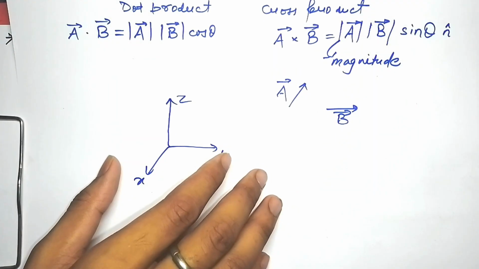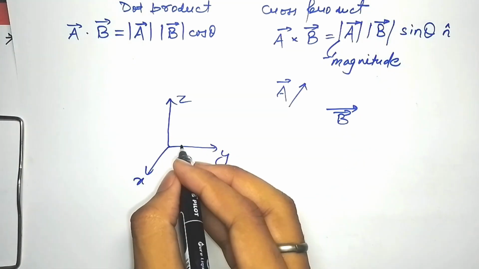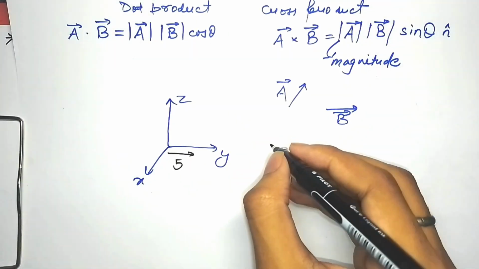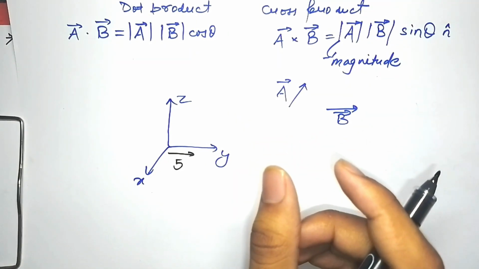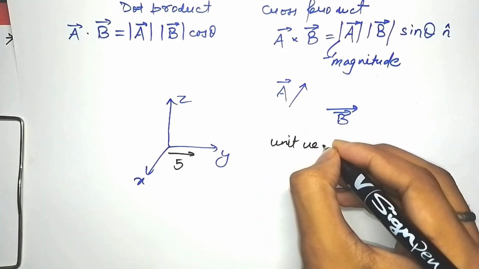Now, to represent any vector, suppose I have to represent 5 units down the y coordinate, so I need some unit vector. Now your question would be, what is a unit vector? So let me answer that as well.